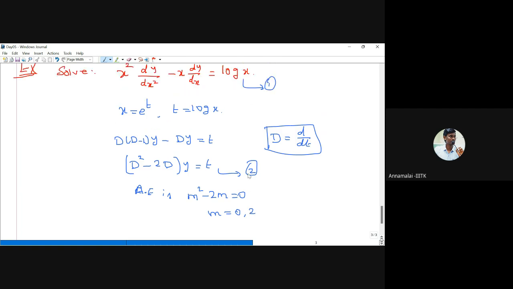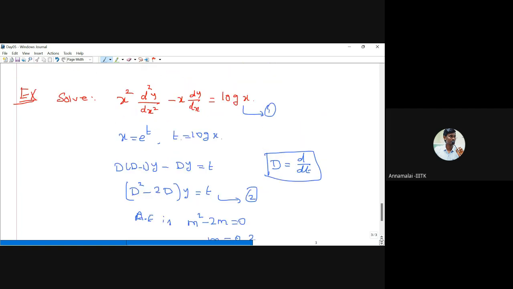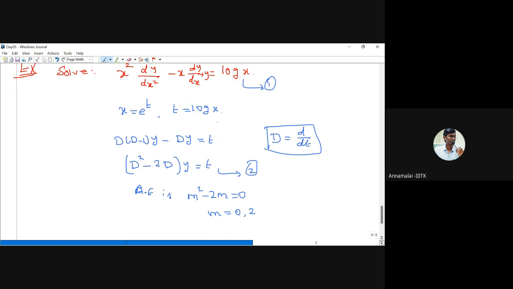Oh, sorry. In the problem, I missed one term, plus y. Sorry, so plus y. So therefore, here we have 1 plus 1, so here plus 1. So therefore this is nothing but (m minus 1) whole square equal to 0.